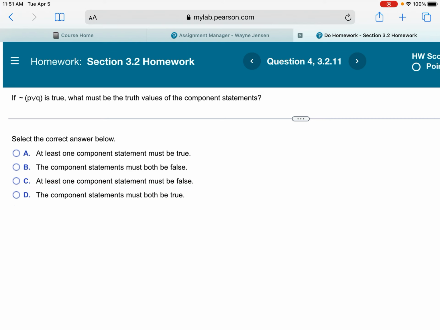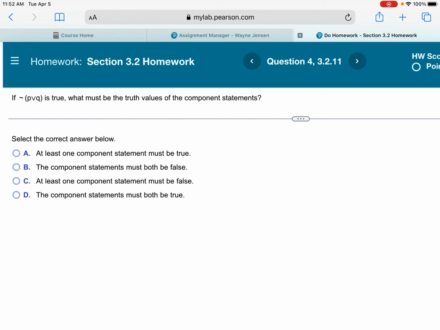If the negation of P or Q is true, what must both of the truth values of the component statements be? Well, we can think about what the truth table looks like for an OR, the one with the downwards facing arrow.